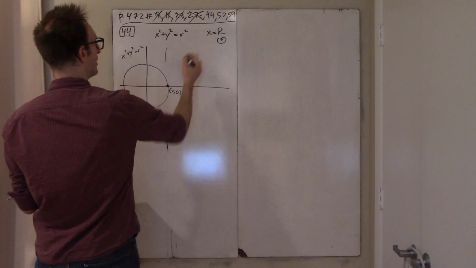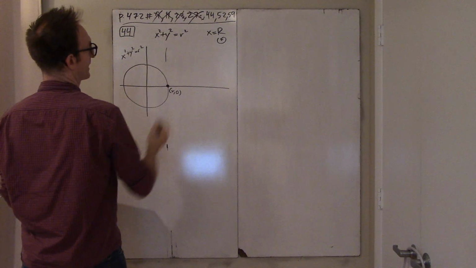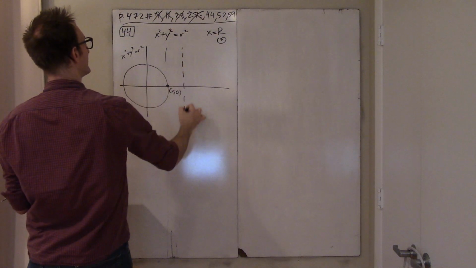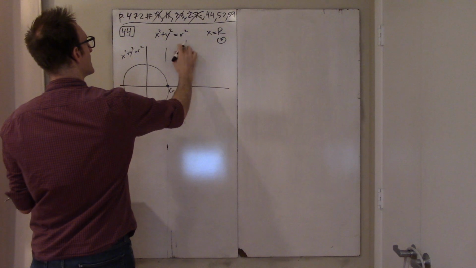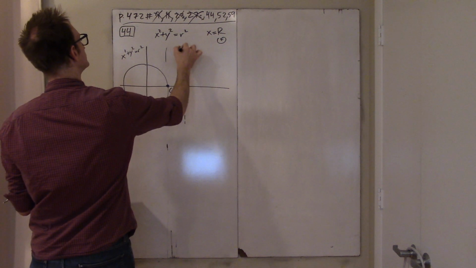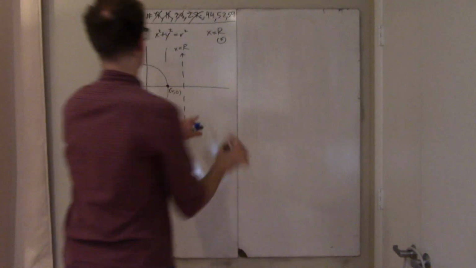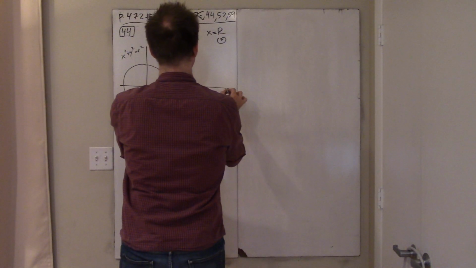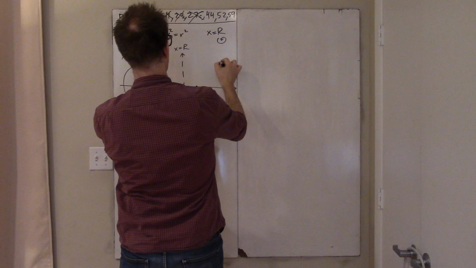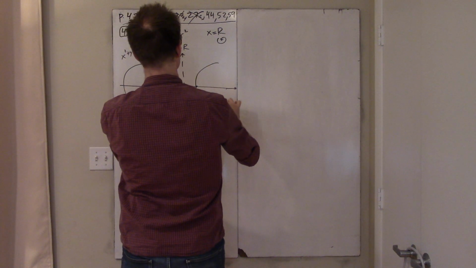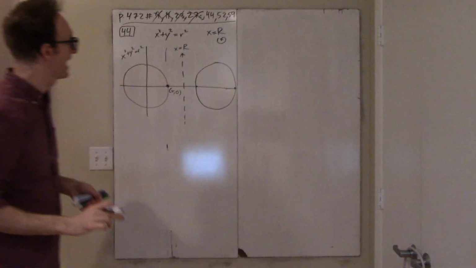But now, I think I drew my picture too big. Now I'm going to have this line x equals big R. And when I rotate this about x equals big R, then what I'm going to get is a torus.